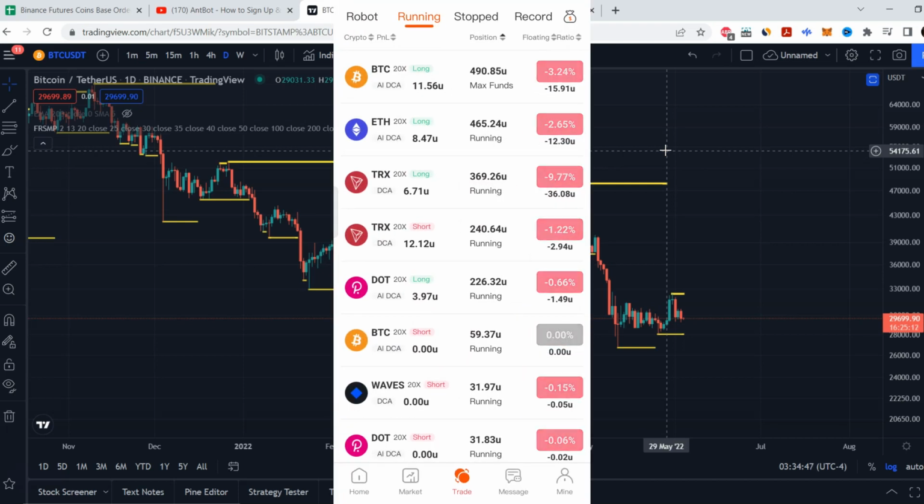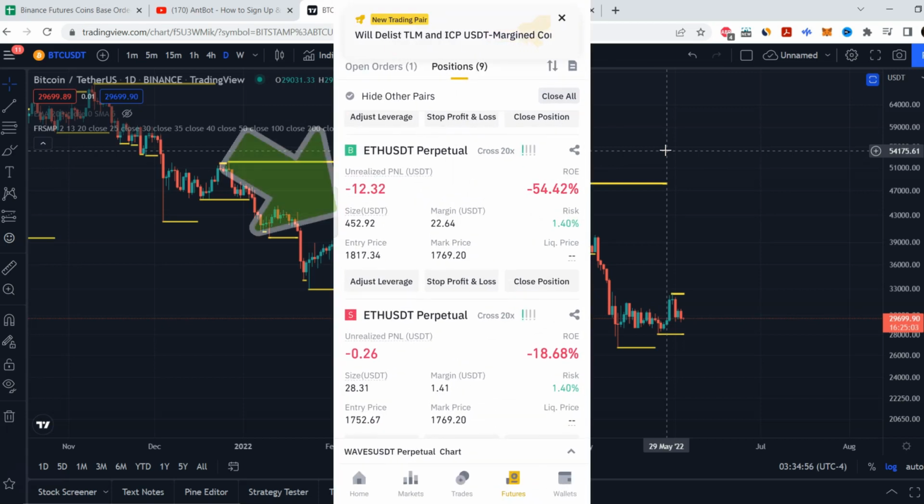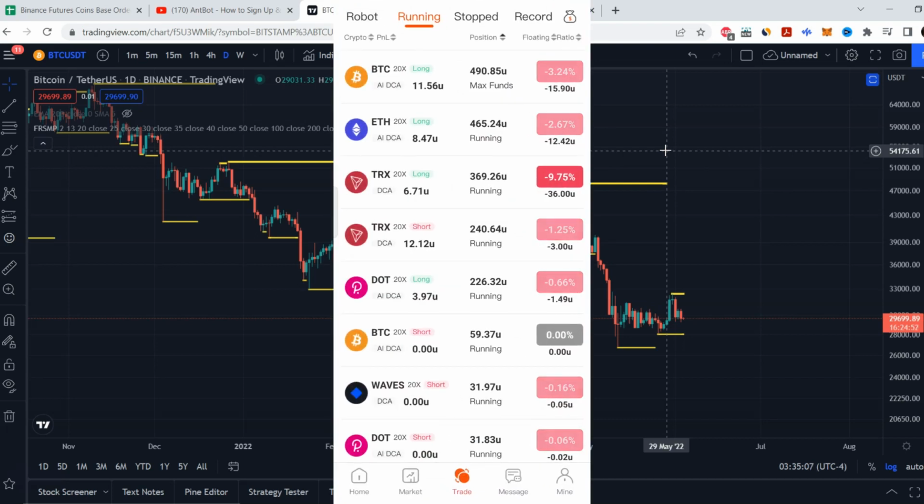It's the same, guys. You can see Ethereum long 465. That's my position. If you go to Binance, you can see 452. There's a little bit of difference because in Binance it keeps moving. The one that you should go by is inside AntBot, because AntBot is the more accurate one.